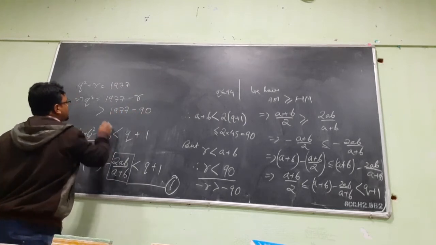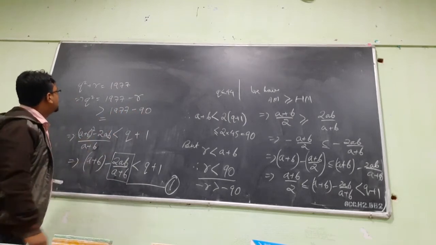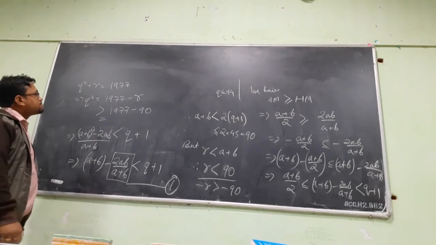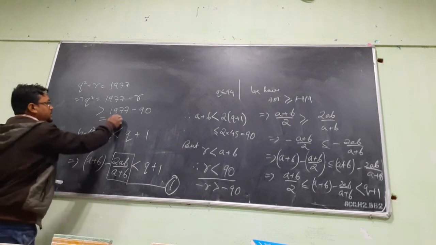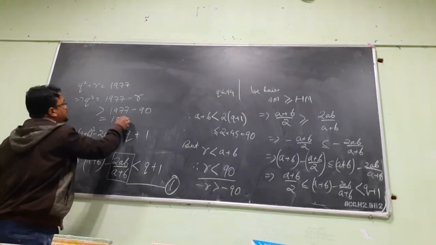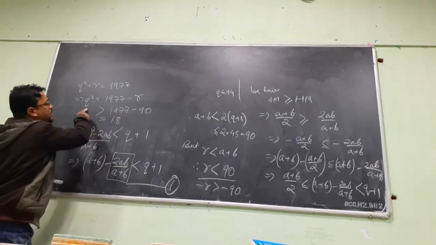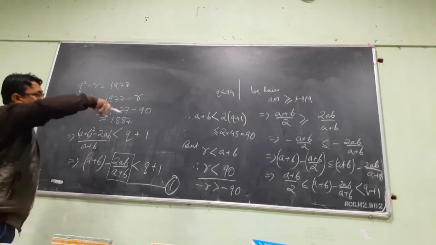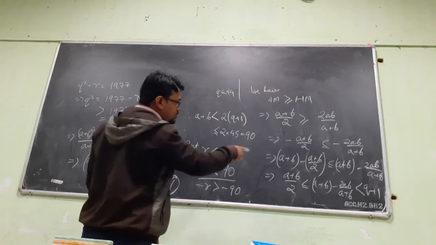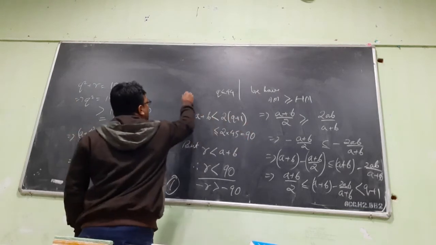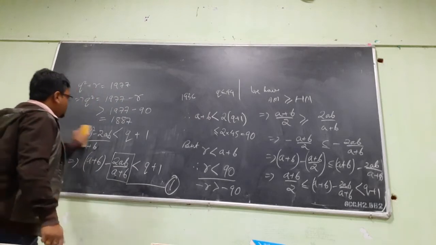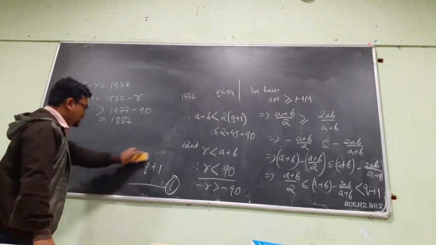So what is that? q square is greater than 1887. Okay, so q square is greater than 1887 and is less than or equal to 44 square, 1936. Okay, so we have got this inequality.